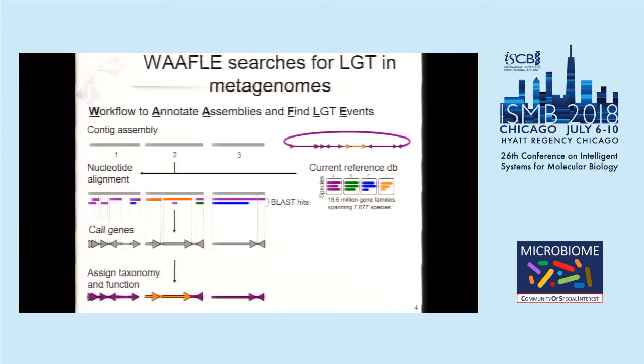But once you have your genes and your hits, you can start to assign taxonomy and function to each gene along the contig. And from there, you can decide if all the genes on your contig come from the same organism, we call it as no lateral gene transfer. But if the genes from a single contig belong to two organisms, we then classify it as lateral gene transfer.